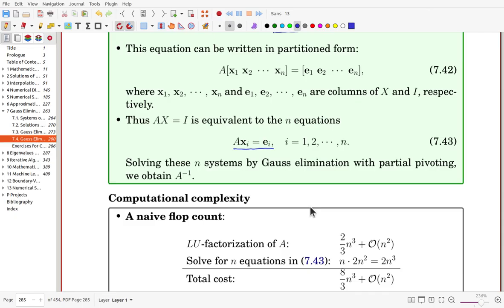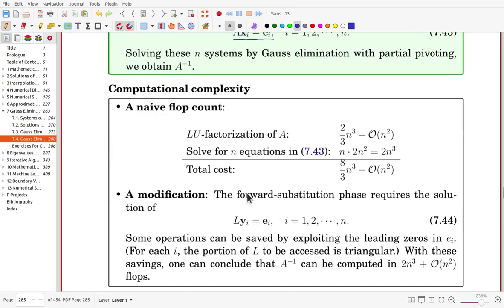For this technique, we can count the number of operations required. So flops. If we check naively the required flops, then for LU factorization, there's 2/3 n cubed.